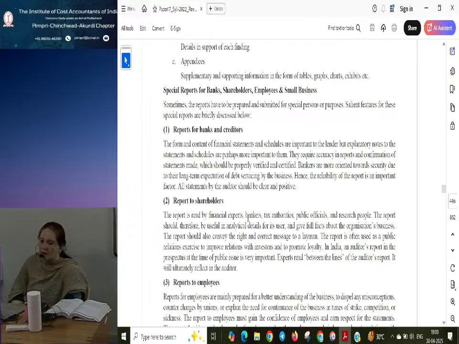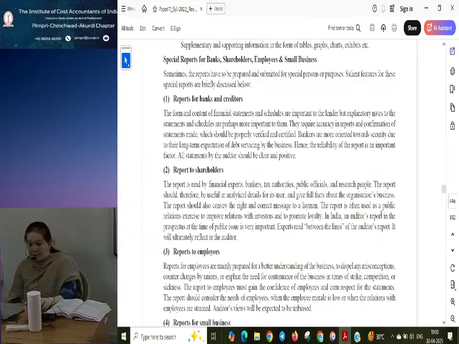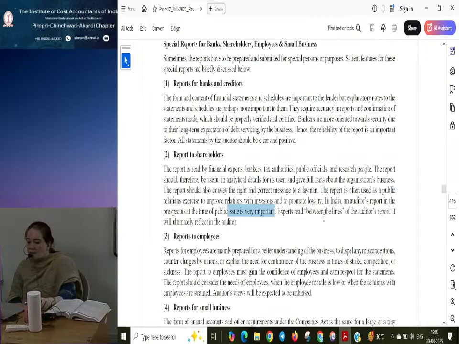If you look at the report that is shared with the shareholders, there should be analytical details and full facts about the organization's business. In India, an auditor's report in the prospectus at the time of a public issue is very important. Experts read between the lines of the auditor's report, so it will ultimately reflect on the auditor.